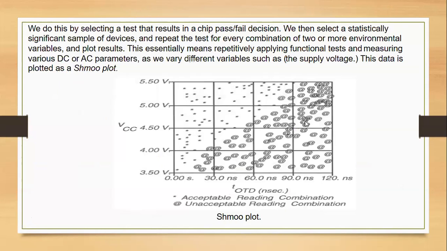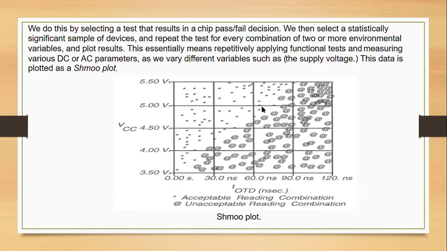And this is how we define it within the test operations: characterizing operations with respect to AC and DC parameters, with respect to time and voltage levels. There is a smooth plot which represents this.